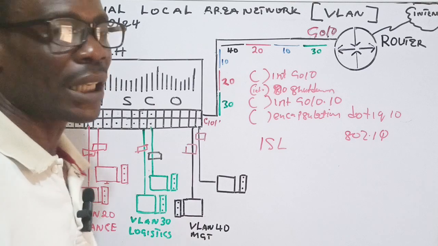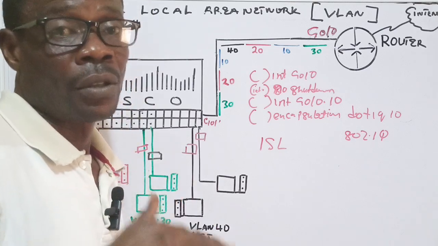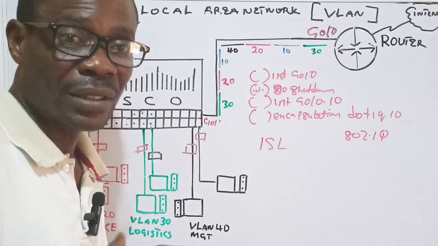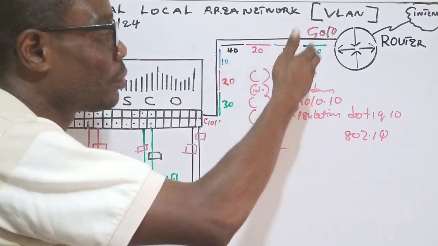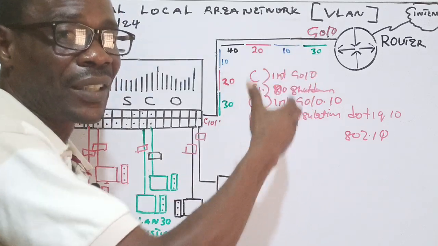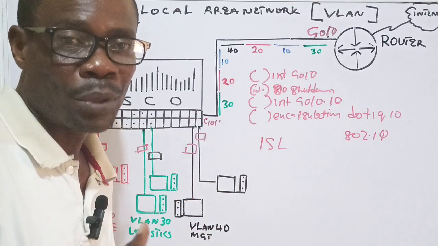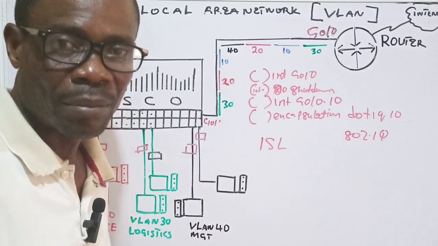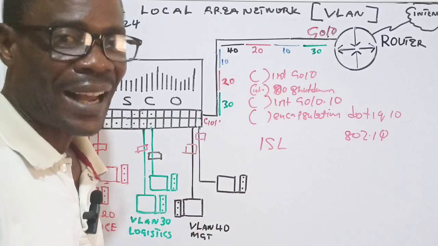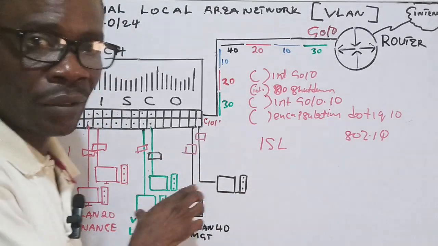Then the router will check its sub-interfaces, that is the routing table, because by configuring sub-interfaces you have configured different IP addresses in the router's routing table in order to route files.